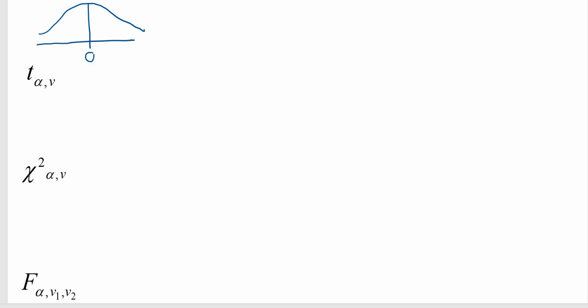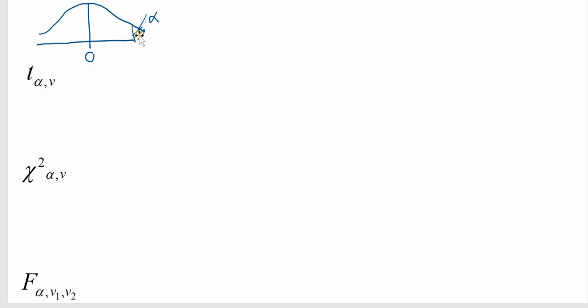We have another type of distribution which is the T distribution, which is similar to the normal distribution, but the difference is we have the alpha and V here. Compared with the normal distribution, where we have alpha, which is the area under the curve of the bell shape and represents the probability.